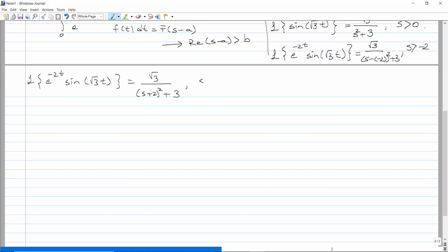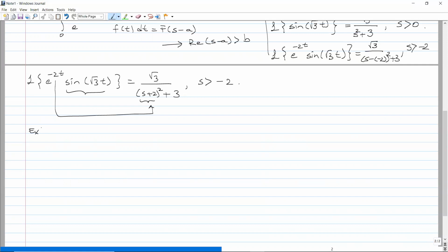And this is for s greater than minus 2. Okay? So this is how you use the formula. You get the Laplace transform of the function, and in the function, you replace s with s minus a, where a comes from the exponential part.